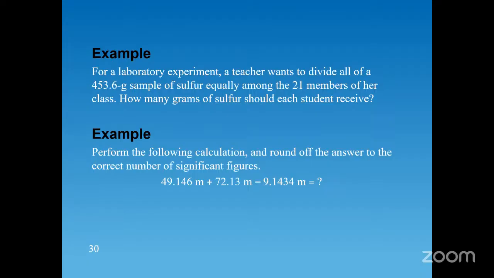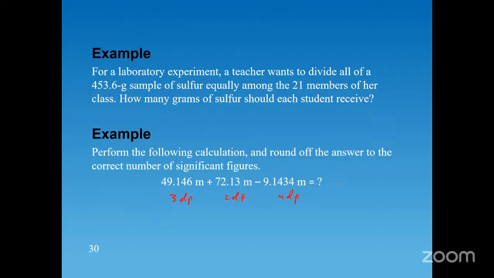So in this case, you have to look at the number of decimal places in each of these numbers that you're adding. So this has 3 decimal places, this has 2 decimal places, and this has 4 decimal places, right? So whatever you get here must be rounded off to 2 decimal places.